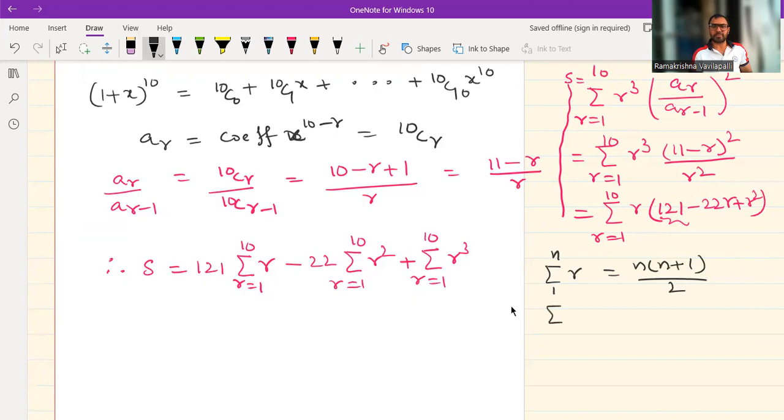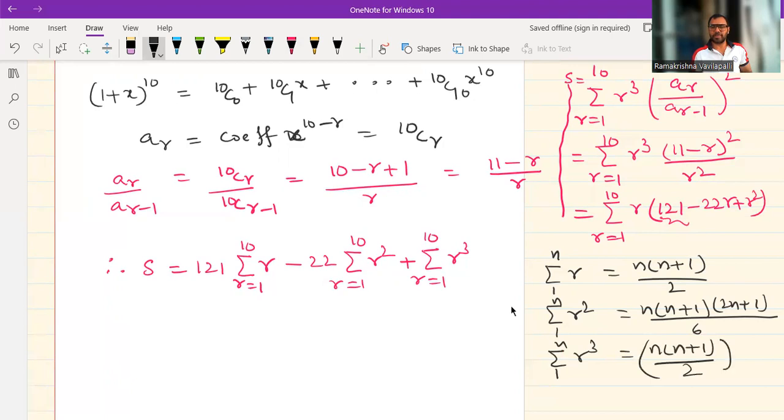And sigma r square, the sum of squares of first n natural numbers, is n into n plus 1 into 2n plus 1 whole by 6. Sigma r cube, r equal to 1 to n, is n into n plus 1 by 2, whole square. So please be prepared with all the formulas, then only we can solve the questions.